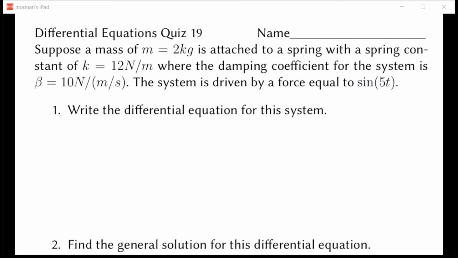Oh, of course, it's the equal sign. Plug in.